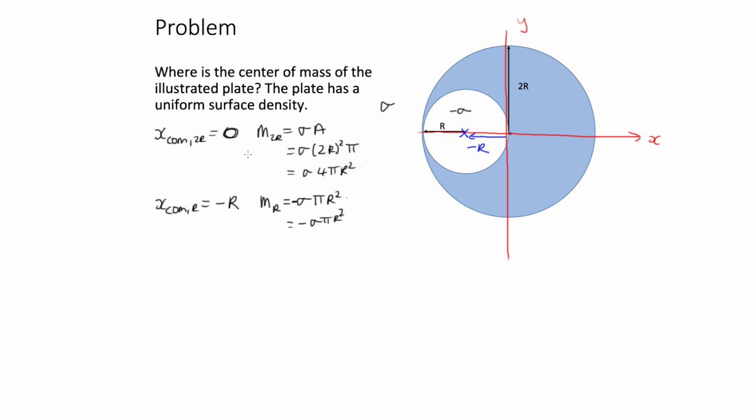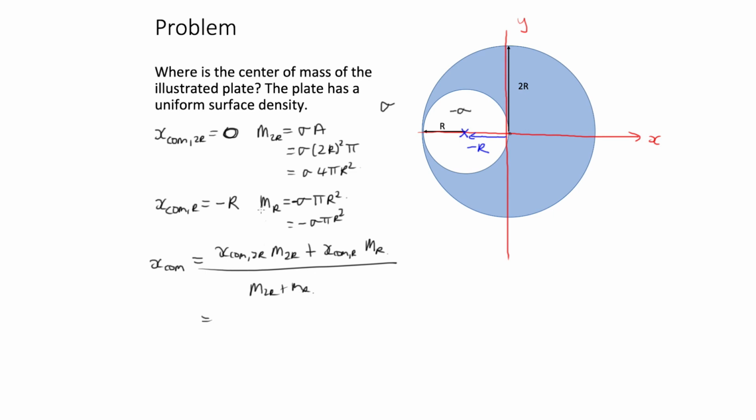Okay, so now I've got two shapes, and I'm combining these two shapes to find the center of mass of that combined system. So x for the center of mass is equal to x center of mass 2r, that's this big shape, times the mass of 2r, plus x center of mass for r, this smaller circle, times the mass of r, divided by mass of 2r plus mass of r.